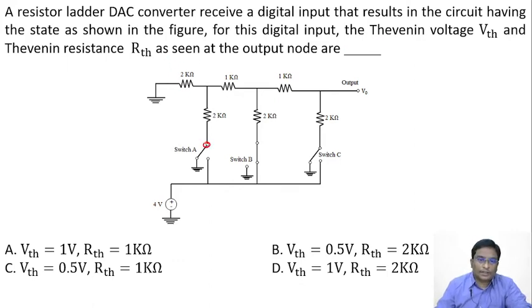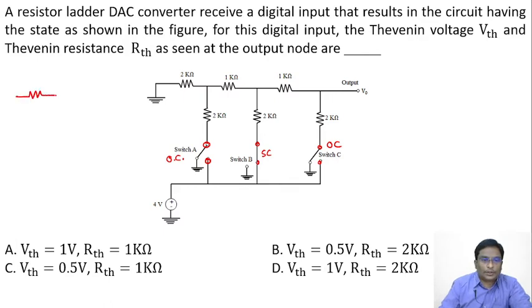The switches they have given are like this. Switch A is open circuit, switch B is a short circuit, and switch C is again open circuit. If you notice the effective circuit right now, this is connected to 2 kilo ohms connected to the ground. This 2 kilo ohms is connected to a 4 volt supply. Again, this 2 kilo ohms is connected to the ground. If you redraw this, how does the circuit look?